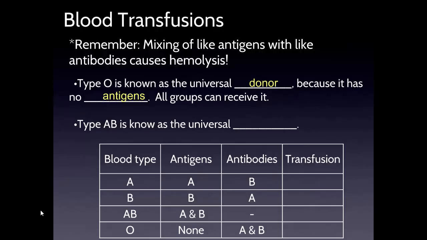Caleb, why? You're right. He said everybody. What if you put type A blood into them? Do they have any antibodies to attack it? No. Same thing with type B, or O, or AB. A person with type AB blood is called the universal recipient. They can receive blood from anybody, and it's okay.